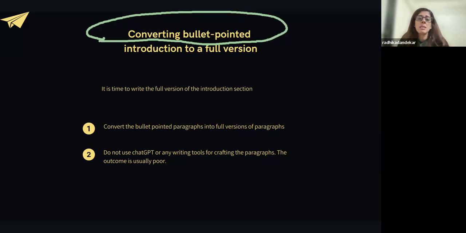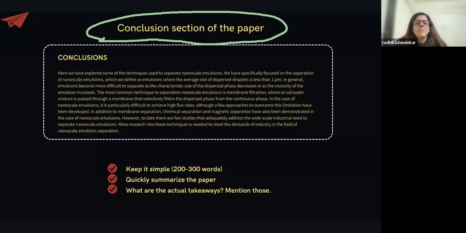It's important to not use any writing tools, to be creative and be your own self, and on your own try to expand these bullet pointed points into full paragraphs. That is very, very important.